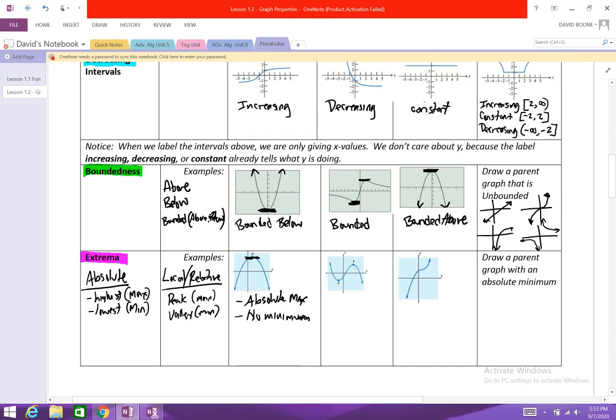Where in this graph right here, okay, again, because this has got an arrow on the end, it's going up forever, it's going down forever. There is no absolute max, and there is no absolute min. But there are local minimums and maximums.